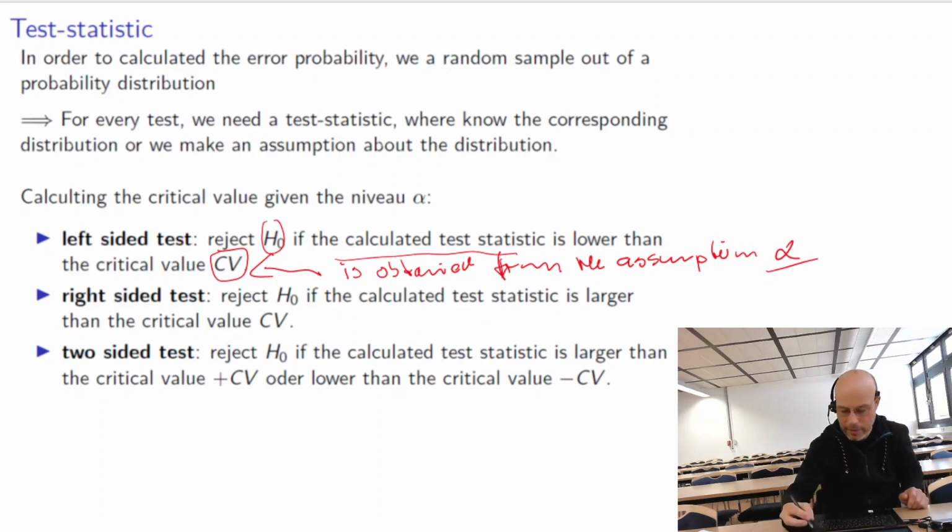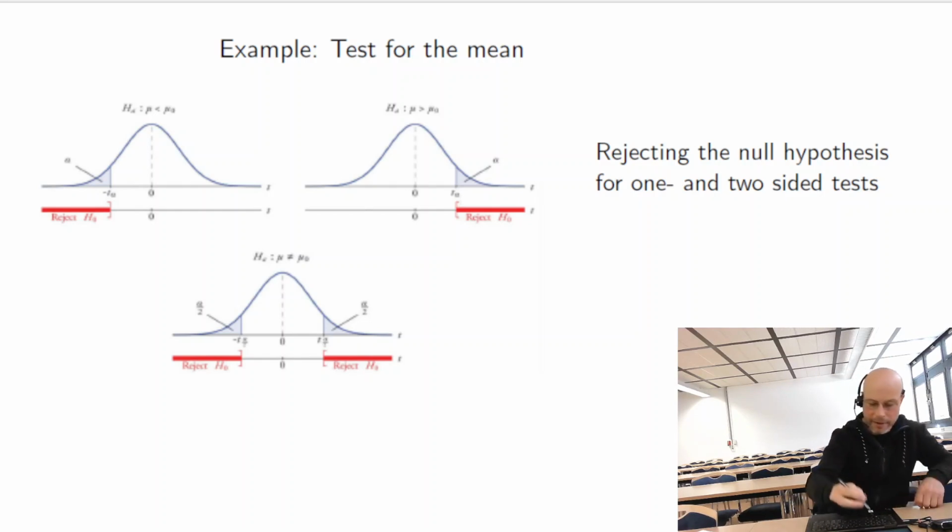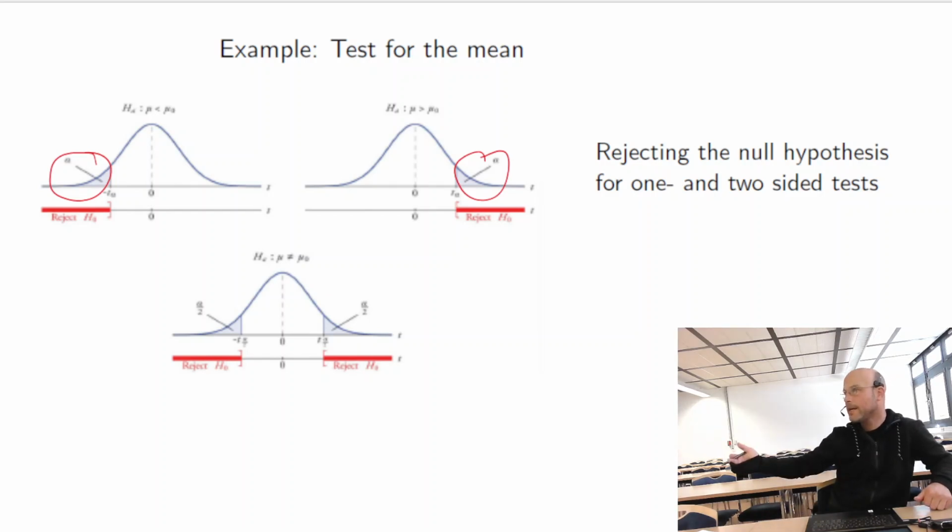I have taken this here in the diagram: if I take a left-sided question, then the area below the left side should be up to my alpha level, 1%, 5%; right-sided it is the area below my distribution from the right side.